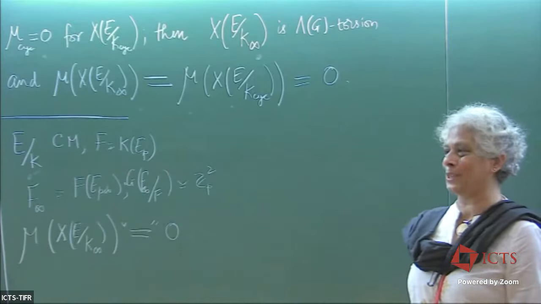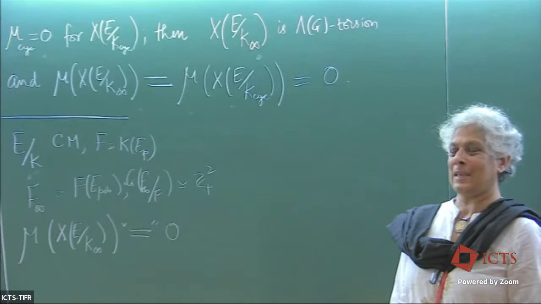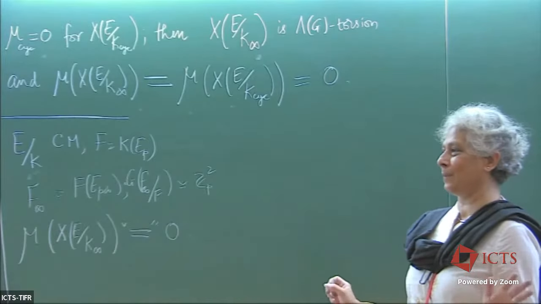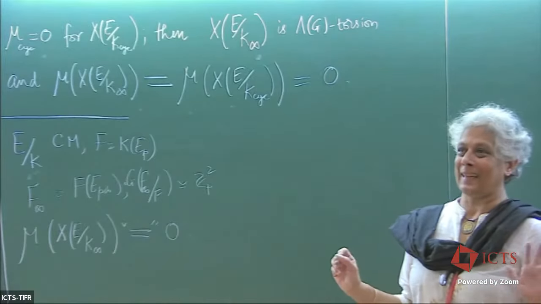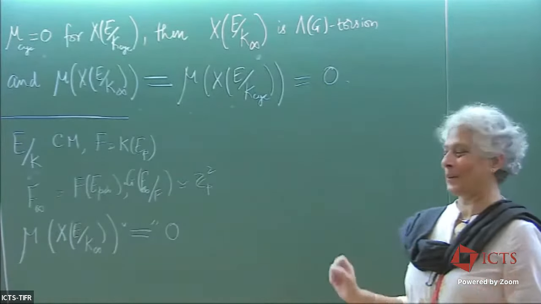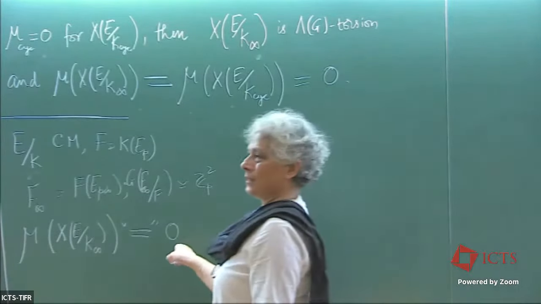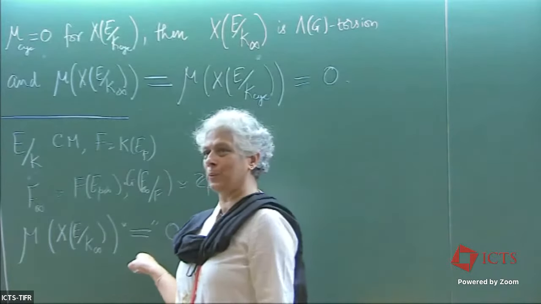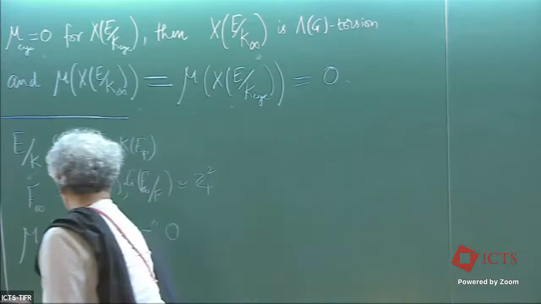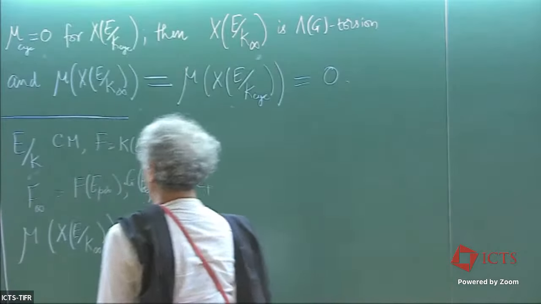There's a lot of literature in the paper, but some people believe Gillard's result, some people feel that it's not complete, there is some gap, etc. And I haven't understood where things stand. Okay, but let's believe this. Let's believe that mu of X of E over K infinity is 0. So then in this case, okay, sorry, not K infinity, but let me write F infinity.